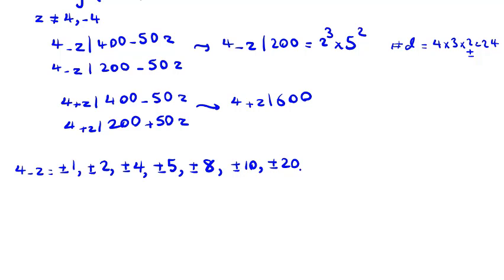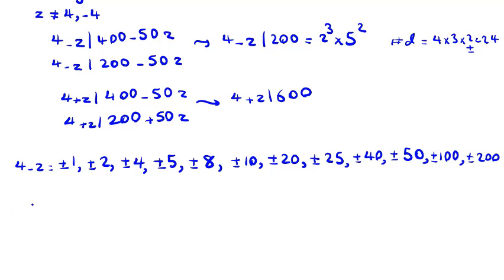Now, it's 200, so 8 times what is 200? 25. 5 times what is 200? 40. And 4 times what is 200? Plus minus 50. 2 times, plus minus 100 and plus minus 200. So if we count 1, 2, 3, 4, 5, 6, 7, 8, 9, 10, 11, 12, plus minus, 24. So we've written all of them.